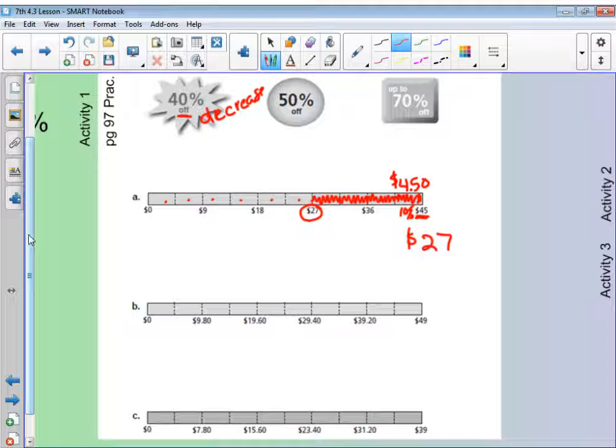So if it decreased by 40%, that means I was working off of 60% times the $45, the original cost. If we actually do that, 0.6 times 45 still puts us at that $27.